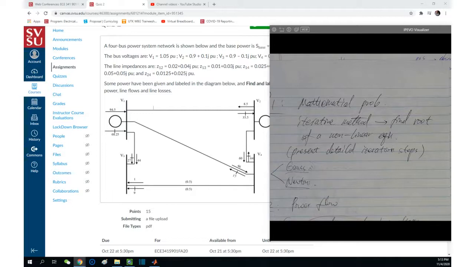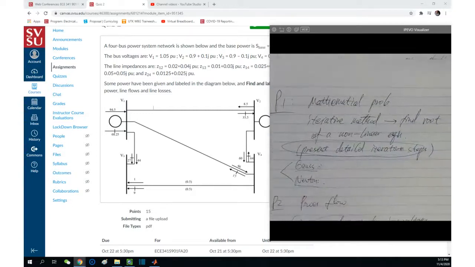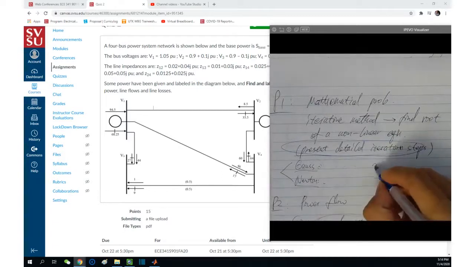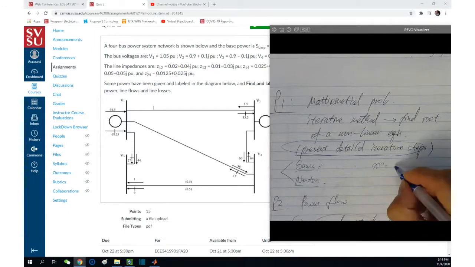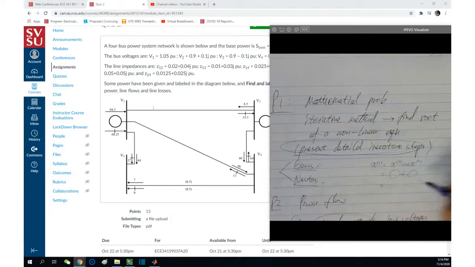And by presenting the detailed iteration steps, it means you need to have, for example, if you're looking for x of 1, you need x of 0 plus delta x of 0, and equals to the value plus this value, and equals to what value?